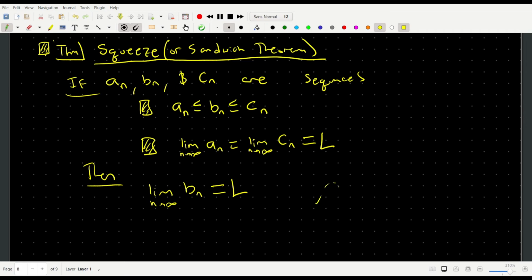So if b_n looks like this, maybe you have a sequence up top above it, which is the c_n sequence, and a sequence below it, the a_n sequence. If these two are going to the same limit, then it forces b_n to go to that limit as well.